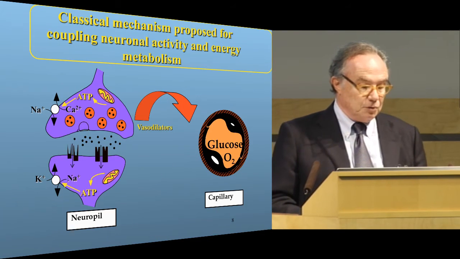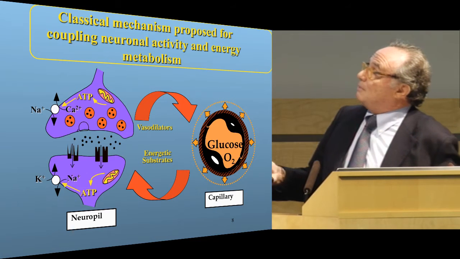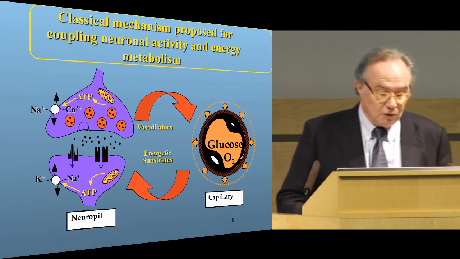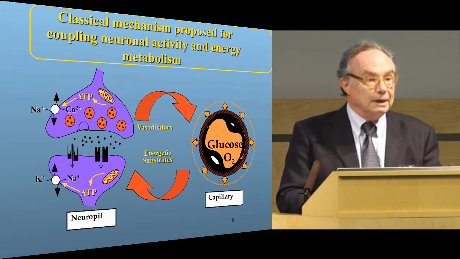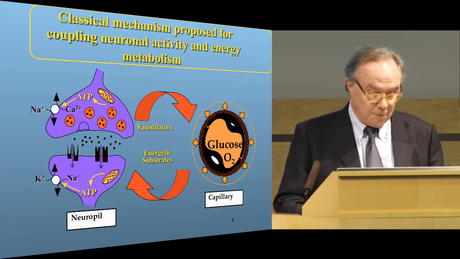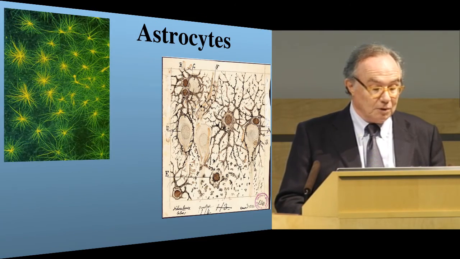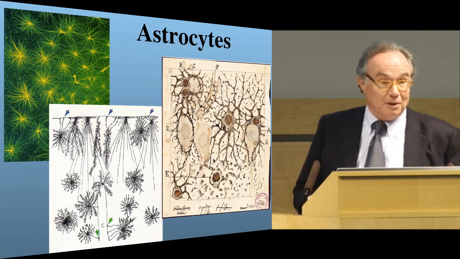Now, the classical view until the early 90s or mid-80s was that, in fact, neuronal activity would release some sort of vasodilator that could increase locally blood flow, and that would deliver energy substrates to the active neuropil. But in fact, this was not taking into account an important player in this coupling.